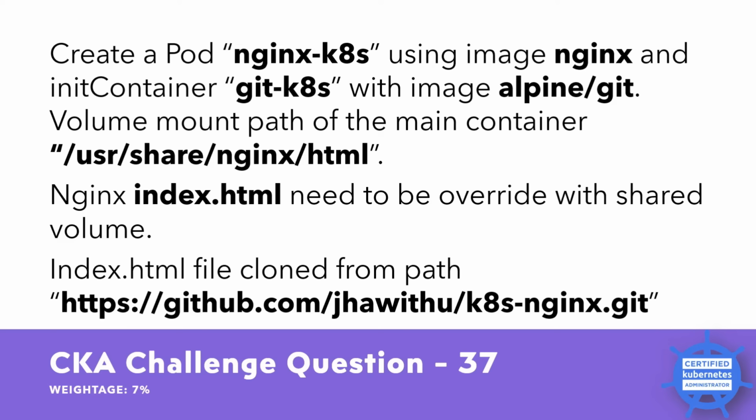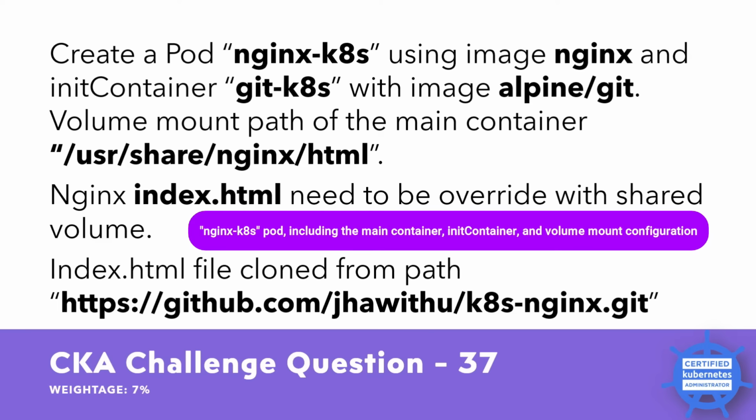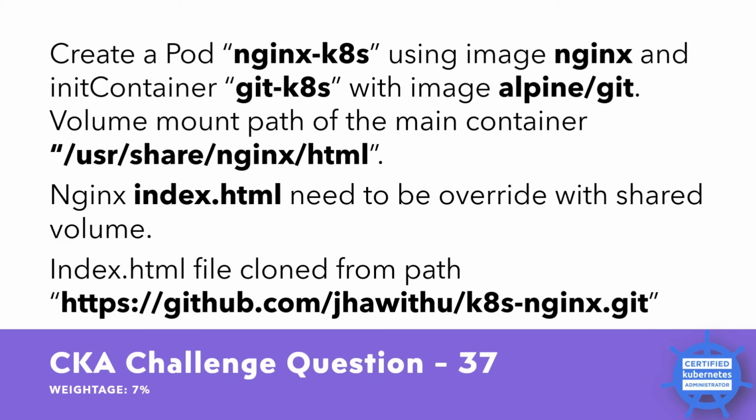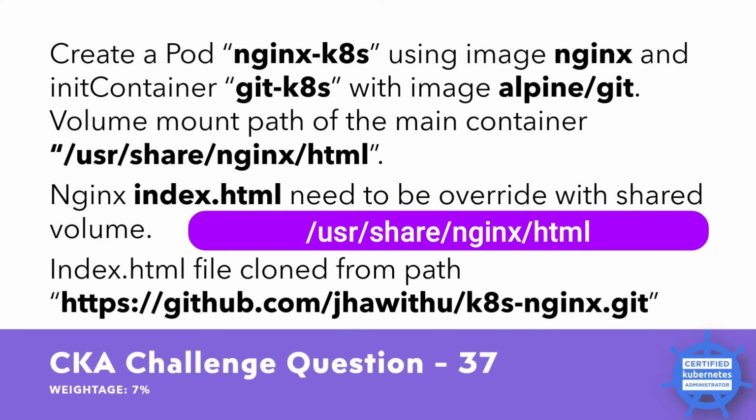To complete this task, you will need to create a Kubernetes YAML manifest file that defines the nginx-k8s pod, including the main container, init container and the volume mount configuration. The main container should use the nginx image and mount a shared volume at the /usr/share/nginx/html path.